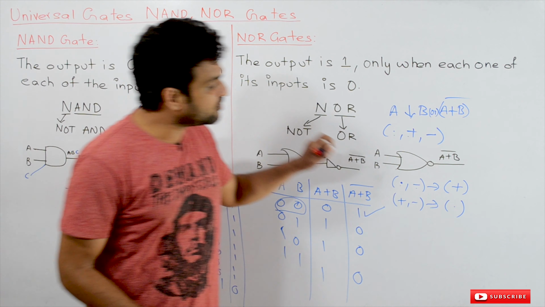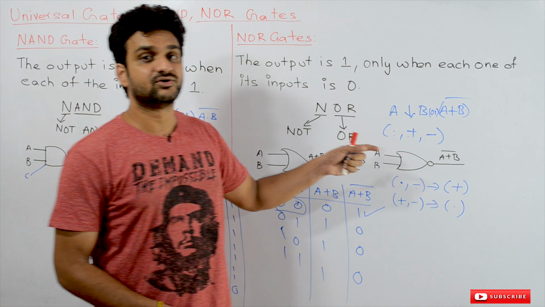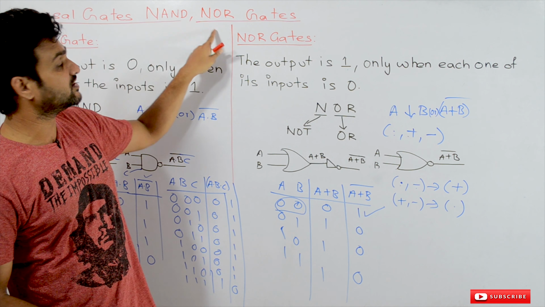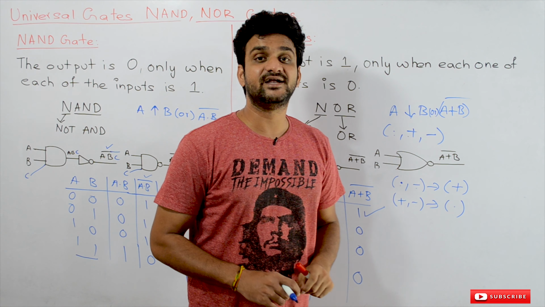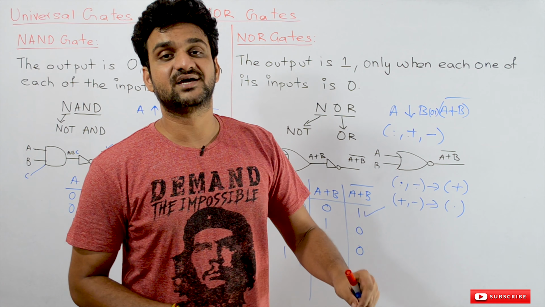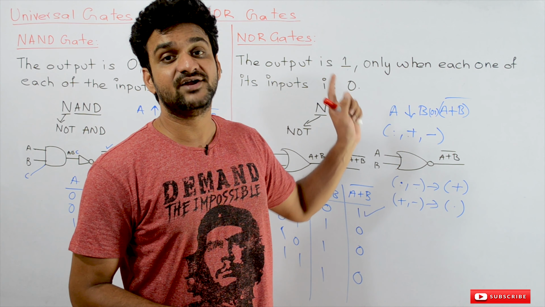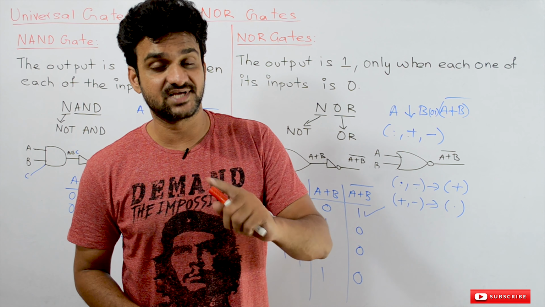In order to avoid that, a new gate has been identified: the NAND gate or NOR gate. Using the NAND gate or NOR gate, we can construct any basic gate. That is the reason why NAND and NOR gates are called universal gates.